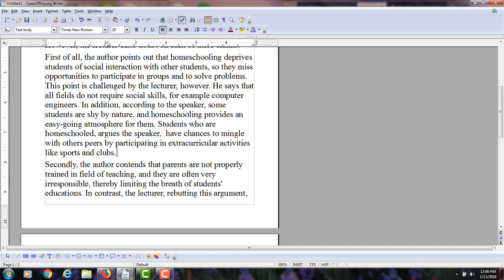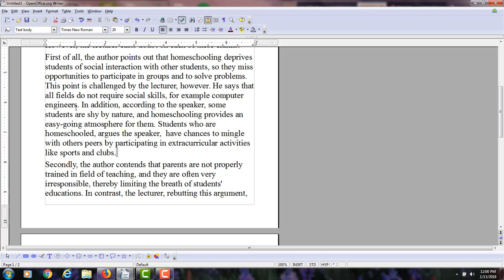First of all, the author points out that homeschooling deprives students of social interaction with other students, so they miss opportunities to participate in groups and to solve problems. This point is challenged by the lecturer, however. He says that all fields do not require social skills, for example, computer engineers.